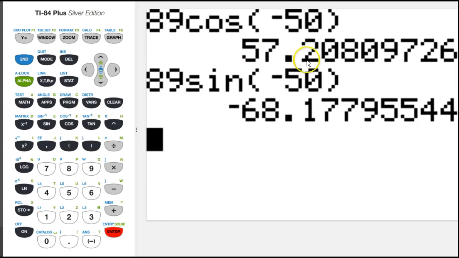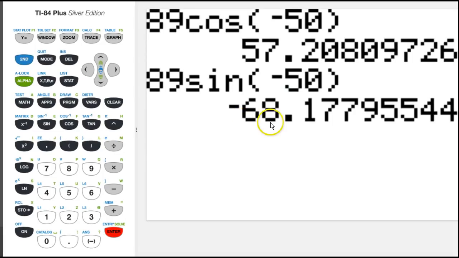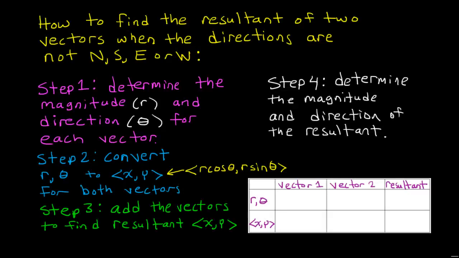We have 57.21 and we have negative 68.18. Okay, we have now completed step 2. We've converted the magnitude and direction to component form for all 3 vectors.